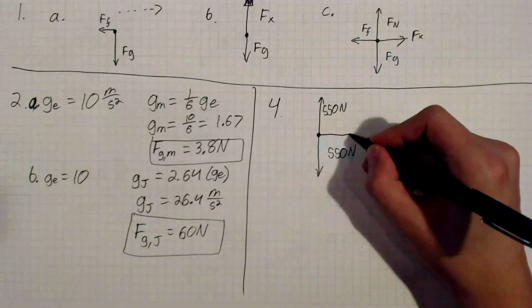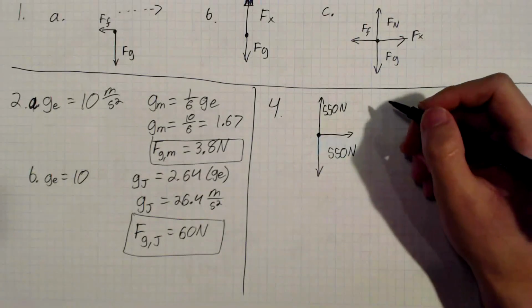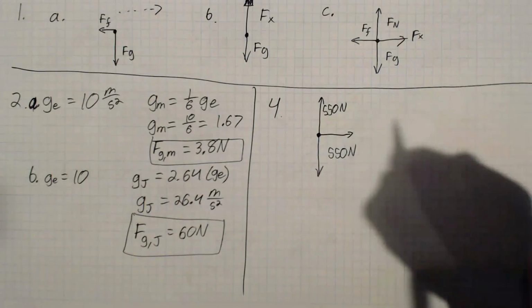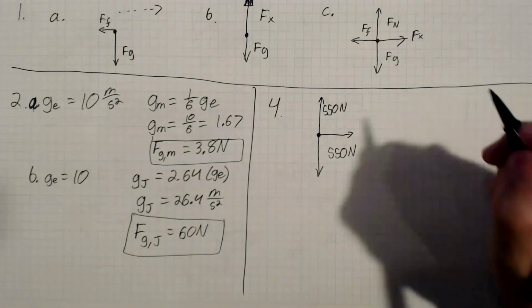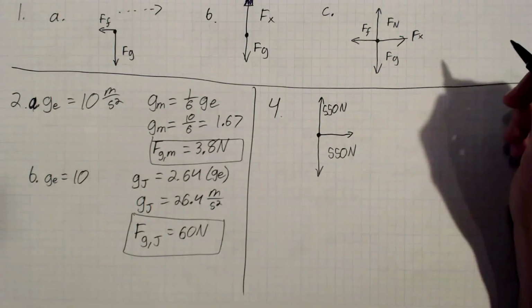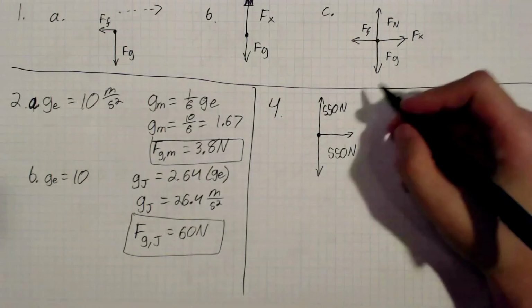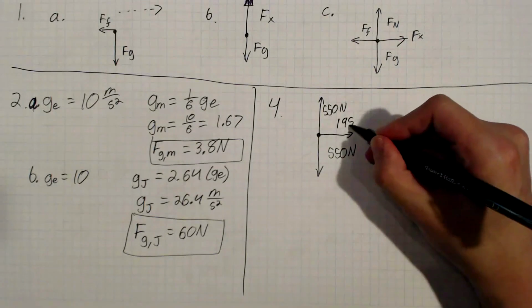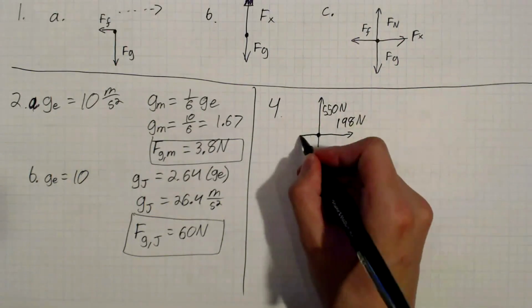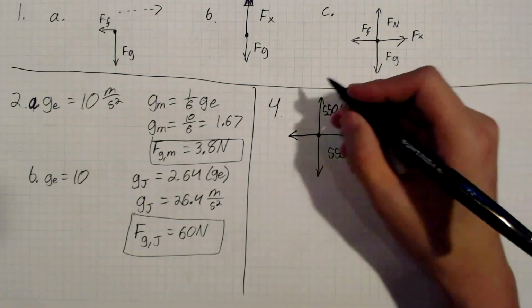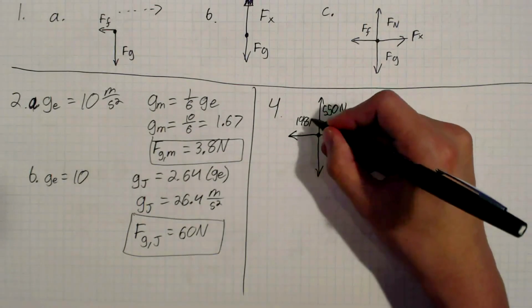And for the first part, the static, where she's just getting moving, and she's overcoming the static friction, the force applied on her is 198 newtons, which means the maximum static force returned also has to be 198 newtons.